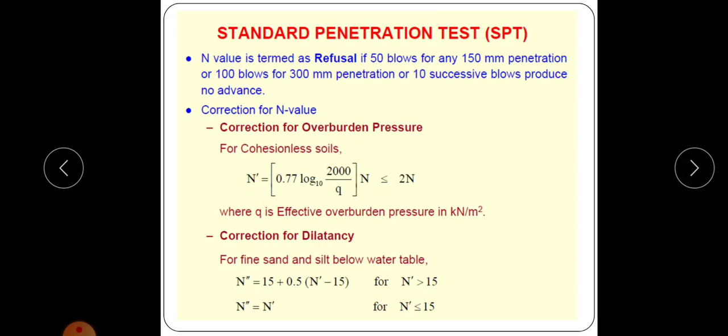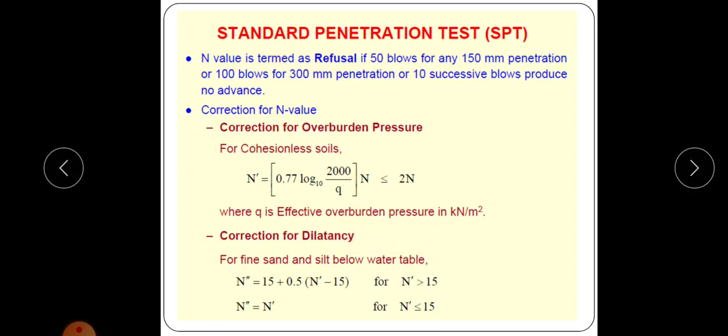N is the observed standard penetration number, so we have to do correction on this N. The corrected one is N dash. N dash is equal to 0.77 log to the base 10 of 2000 by Q, into N. That is the corrected penetration number N dash, and this Q is the effective overburden pressure.